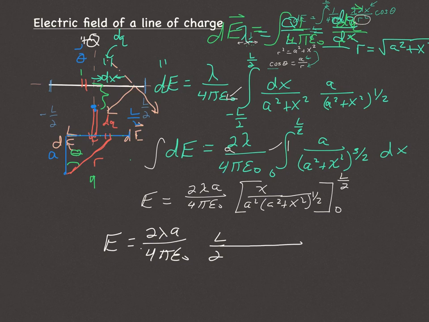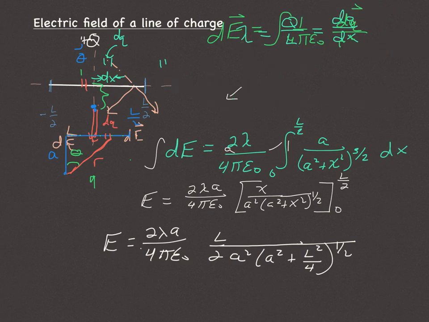Still have a squared times that a squared plus L over 2 squared, which would be L squared over 4, and that's still to the 1/2 on the bottom. We have some simplification we can do, but I'm going to get rid of a lot of this so I can move around on my screen.